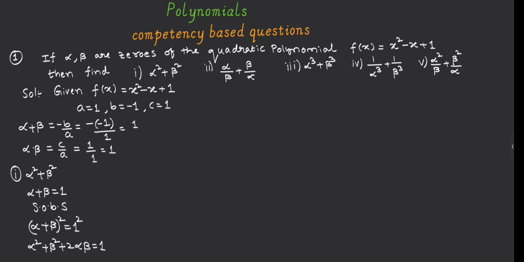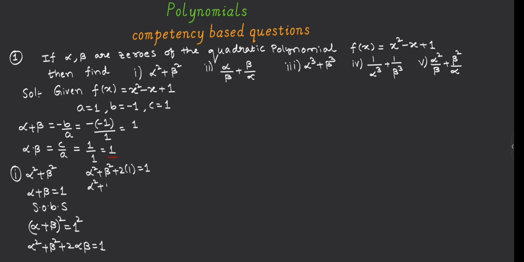Now in this we know the value of alpha into beta. What is the value of alpha into beta here? Alpha into beta is 1, we know. We have to substitute that. Then we get alpha square plus beta square plus 2 into 1 is equal to 1.